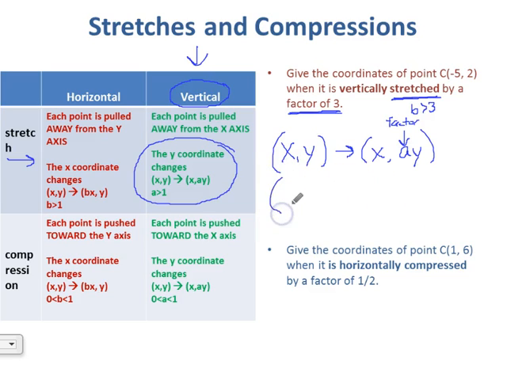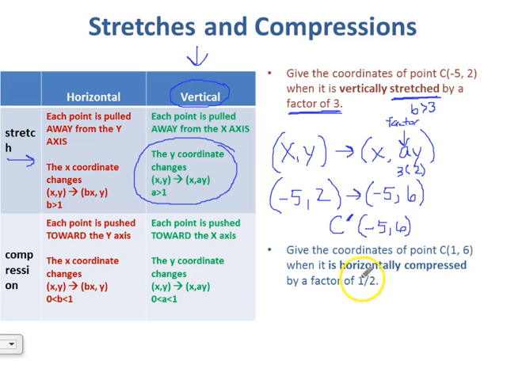So if our original coordinate was -5, 2, the x coordinate stays -5, but I take my y coordinate, 2, and multiply it by 3, which is 6. So that's my new coordinate. Once we have transformed it, it's going to be -5, 6. Pretty easy, right?